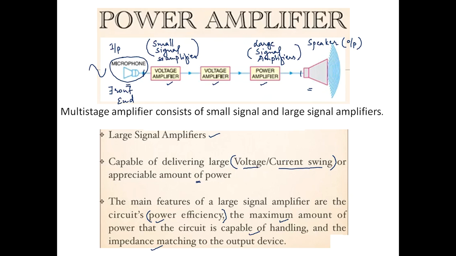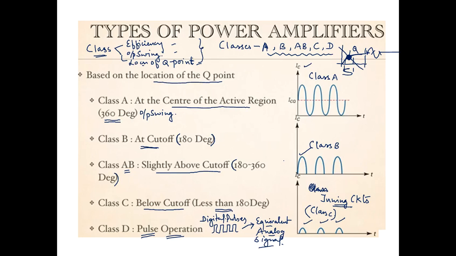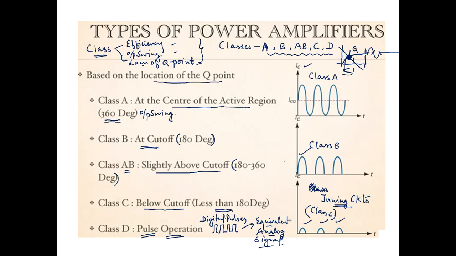What do we mean by a small signal amplifier and a large signal amplifier? What are the differences? And then we also discussed the different types of power amplifiers with respect to their classes: class A, B, AB, C and D. What are their important features?